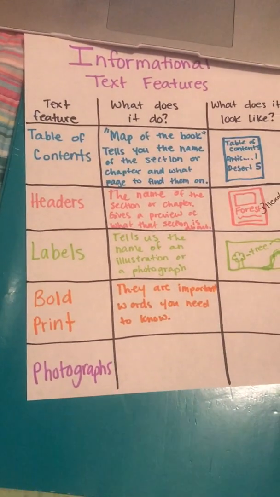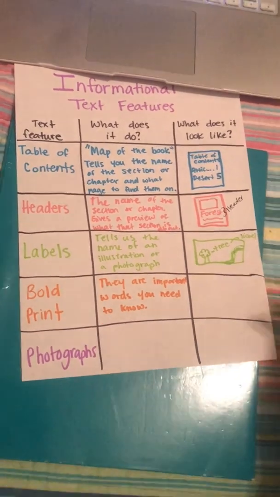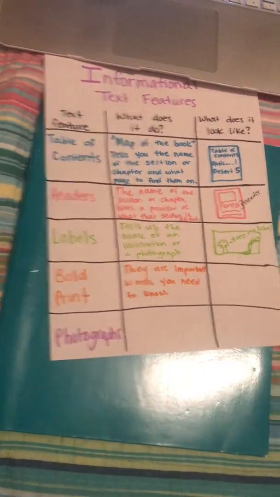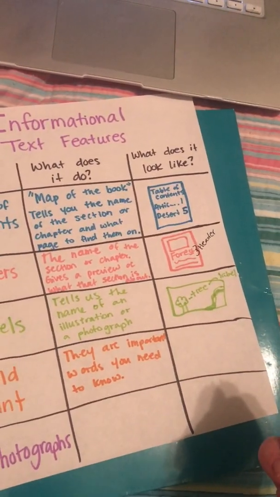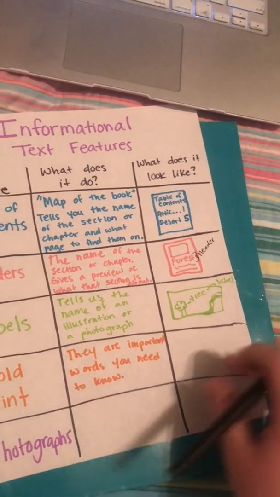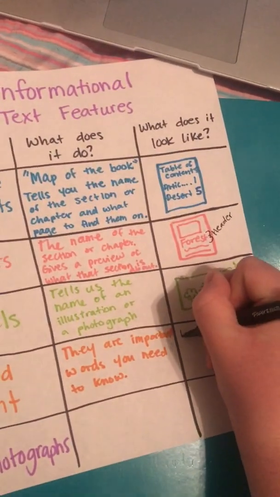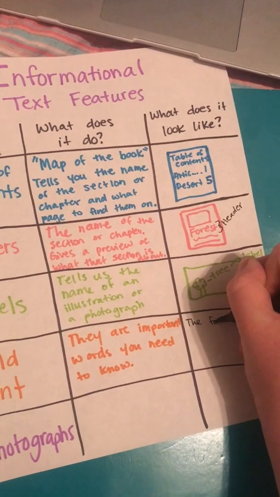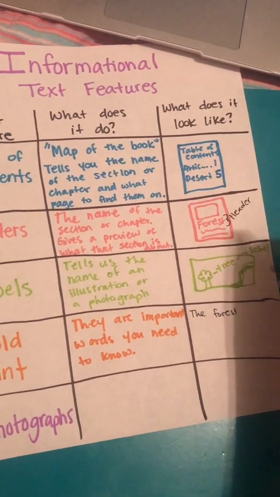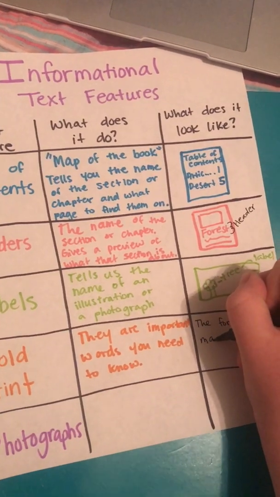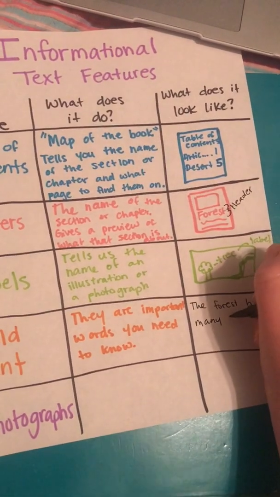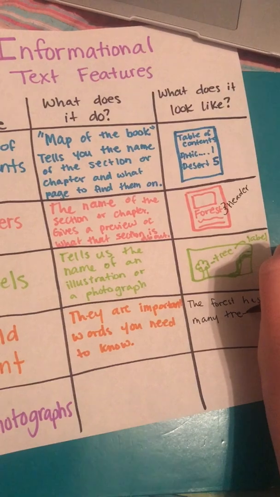And instead of writing in orange for my example of what it looks like, I'm going to write in my black pen. So if we were talking about the forest, we would say the forest has many trees.